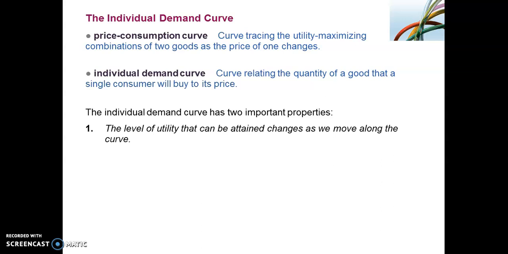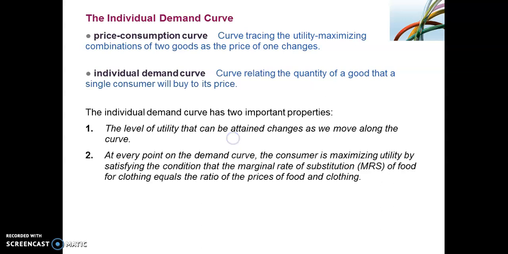So the level of utility, to recap this point, that can be attained changes as we move along the demand curve. Then secondly, at every point on the demand curve, the consumer is maximizing utility by satisfying the condition that the marginal rate of substitution of food for clothing equals the ratio of the prices of food and clothing.